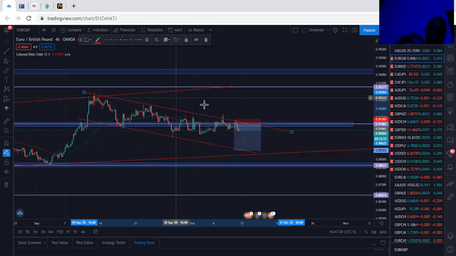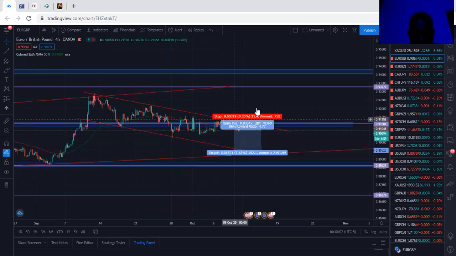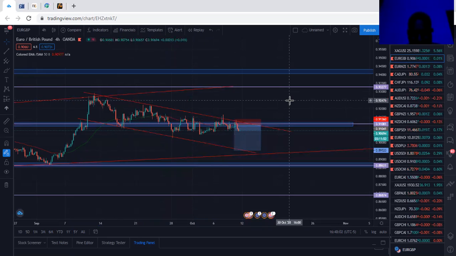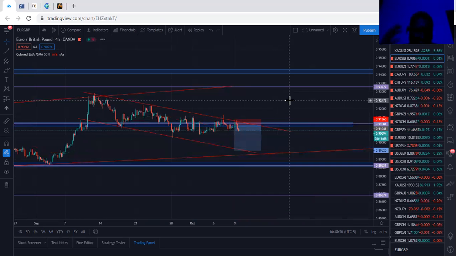So let's talk about this trade, how I entered this trade. As you can see here, market is moving in a descending channel inside the ascending channel. So price went all the way to the top of the channel here. They formed a pin bar. If you are a trader, I think you should know how to read the candlesticks. So you know what a pin bar means. You know the psychology behind the pin bar.